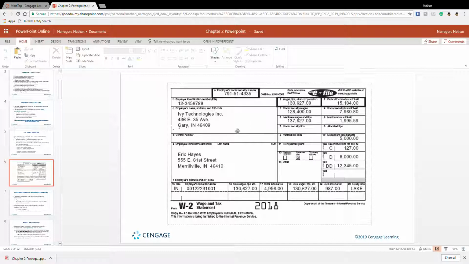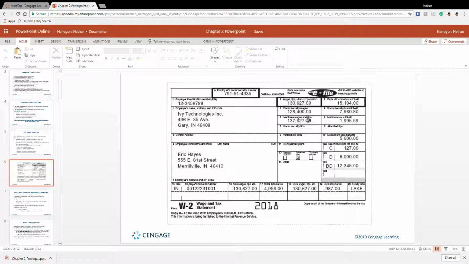The employer's information has to go here. The employee information goes here, and then here it is. So their wages, tips, and other compensation for 2018 was $130,627, with a portion of that going to federal income tax of $15,184.